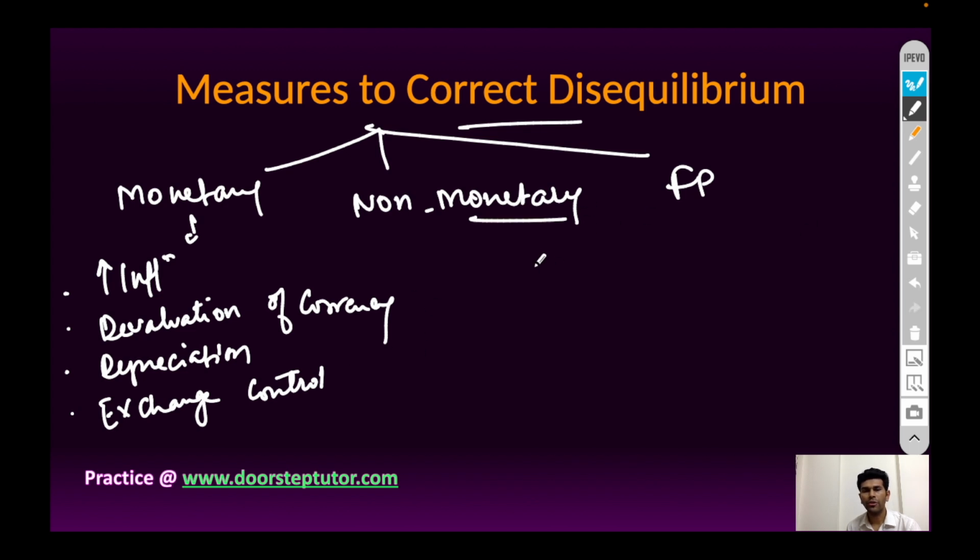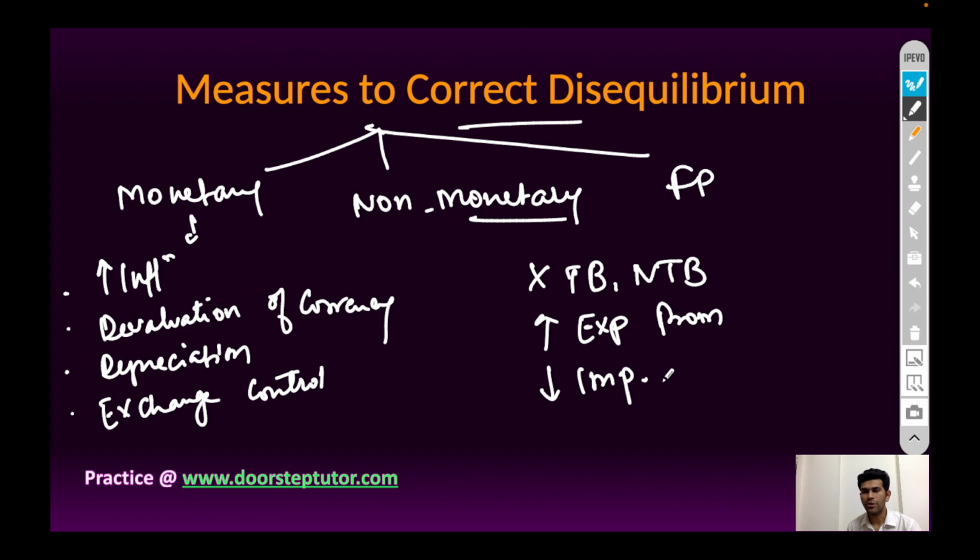Non-monetary measures include removal of tariff barriers, non-tariff barriers, export promotion, and import substitution, and also measures by way of fiscal policy.